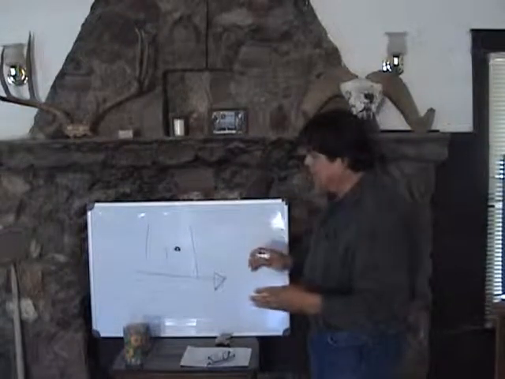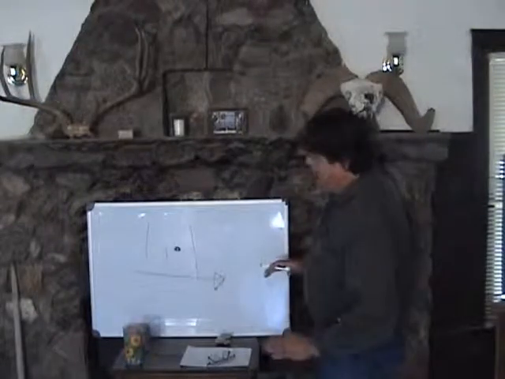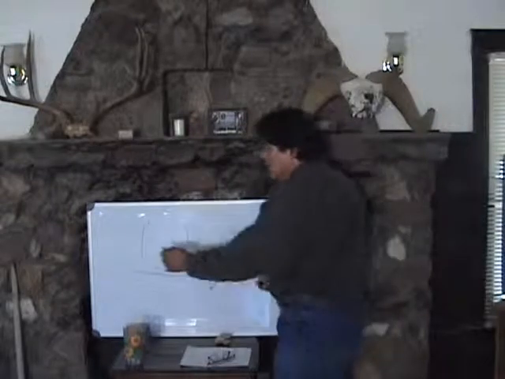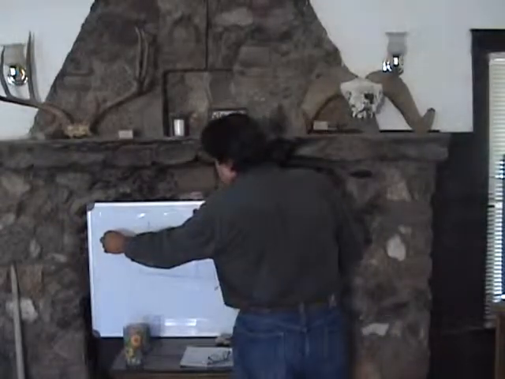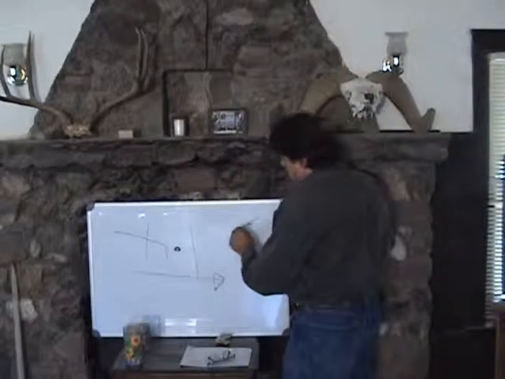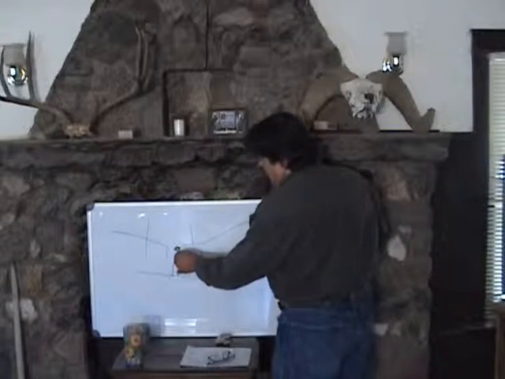The standard trail system, and imagine this is at a 45, say, and this spring's on the side of the hill: you're going to have a trail system coming in from here, a trail system coming in from here, and then another trail straight up the middle from the bottom of the wash.